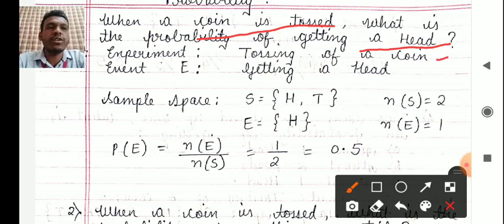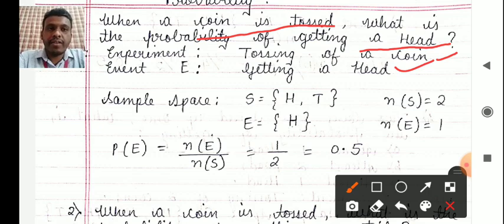Experiment is tossing of the coin. What is the event that we are interested in? We are interested in getting a head, right? That is the event. See, experiment is what you are doing, and what you are interested in finding is your event. Okay, so event is getting a head.